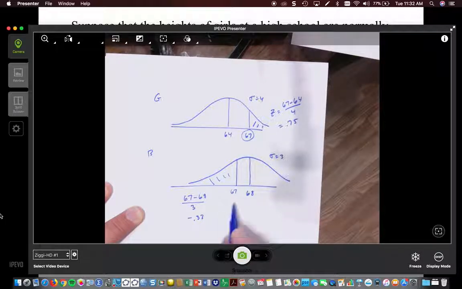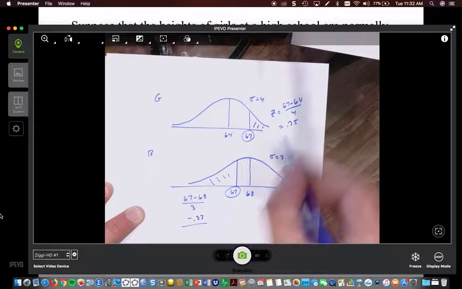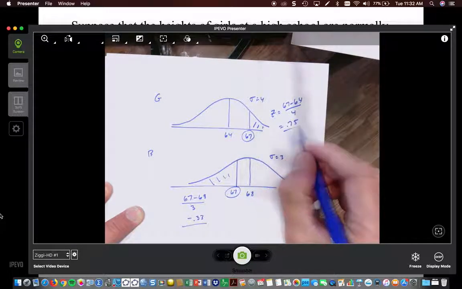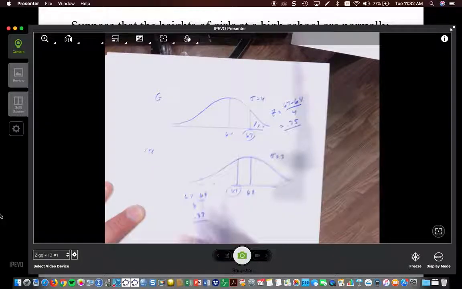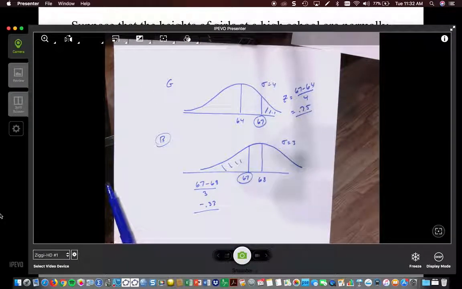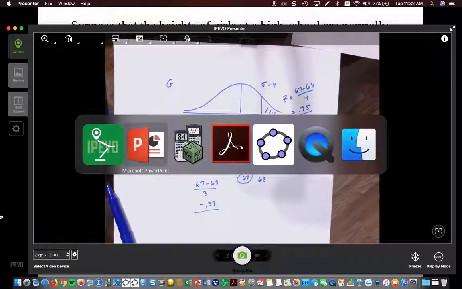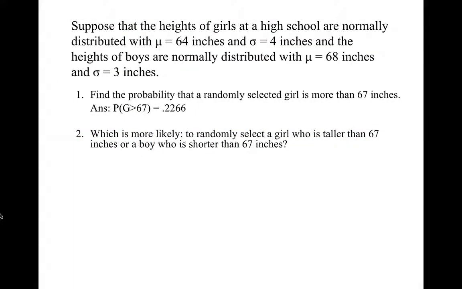Okay, so this value of 67 is 1/3 of a standard deviation below the mean. This value of 67 is 0.75 standard deviations above the mean. All right, you're going to find that this tail probability is smaller than this one, so we're more likely to get a boy that is shorter than 67 than a girl that's taller than 67. All right, and if you actually calculate those probabilities, those calculations are consistent with what we just said.